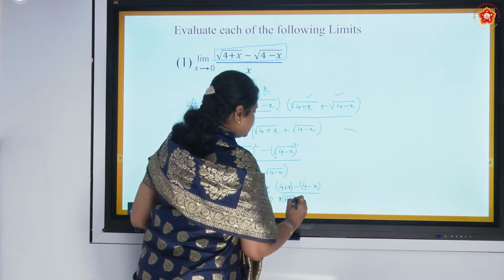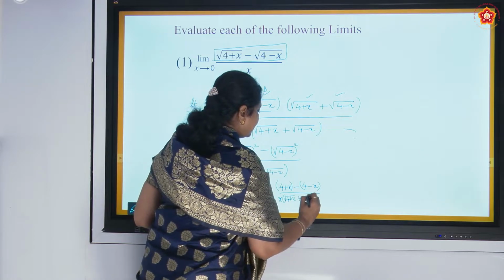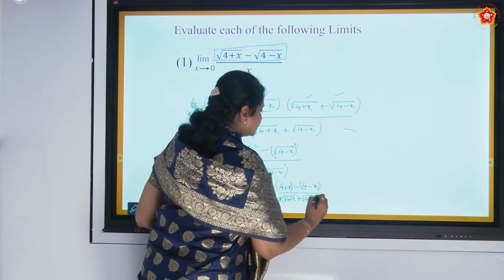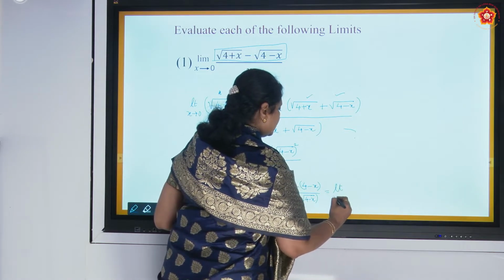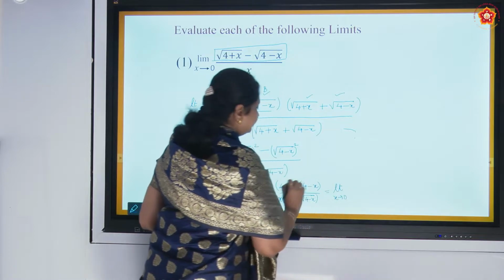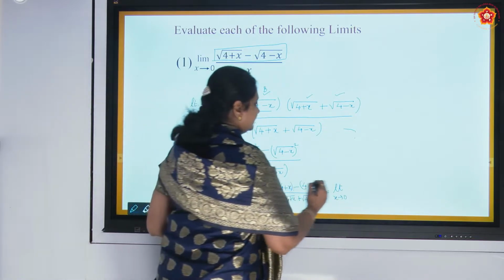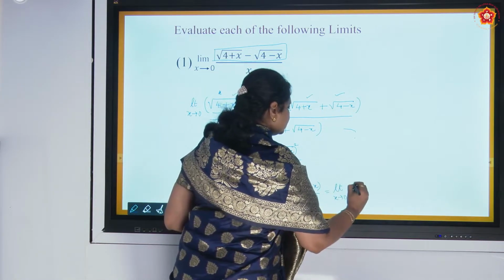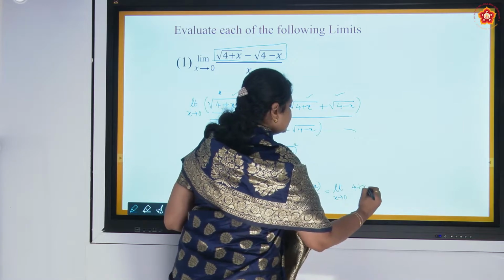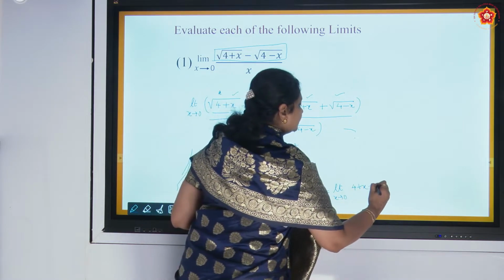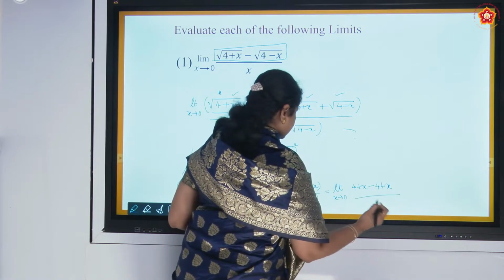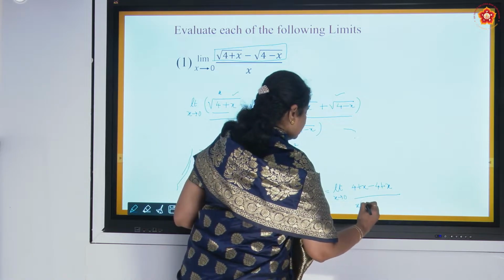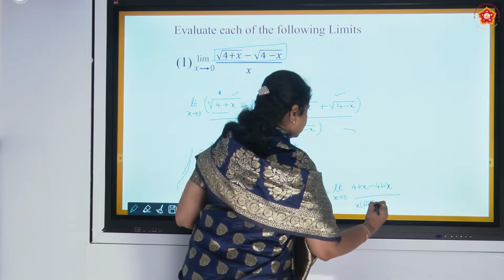So this is x into root of 4 plus x plus root of 4 minus x. So this is equal to limit x tending to 0. I have like variables there, so I can add them up. So this is 4 plus x. Since there is a minus outside, I'm removing the brackets by changing the signs of the terms inside. These things are basics you would have learned in your junior classes.